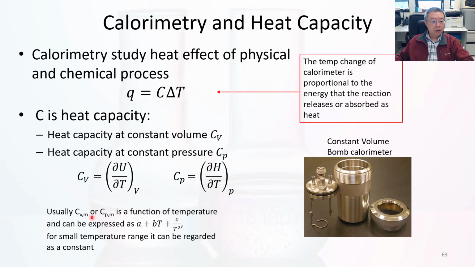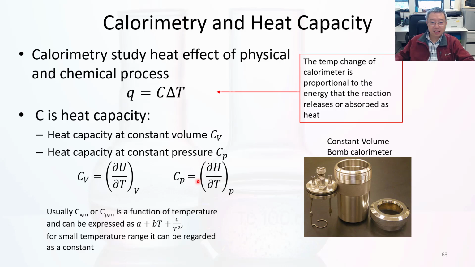But if you look at a large temperature range, they can vary, and can be expressed in these terms: A plus BT plus C over T squared. For a small temperature range, it can be regarded as constant. So CV or CP is a very important thermodynamic property of a material.